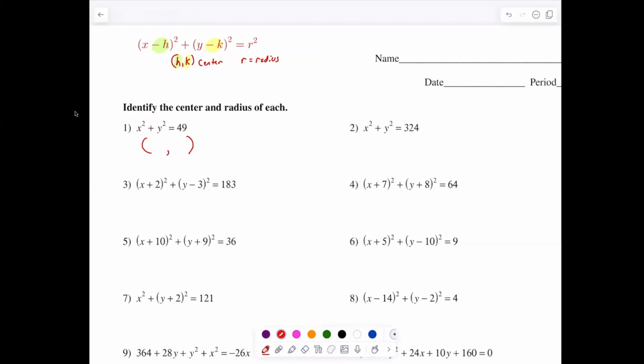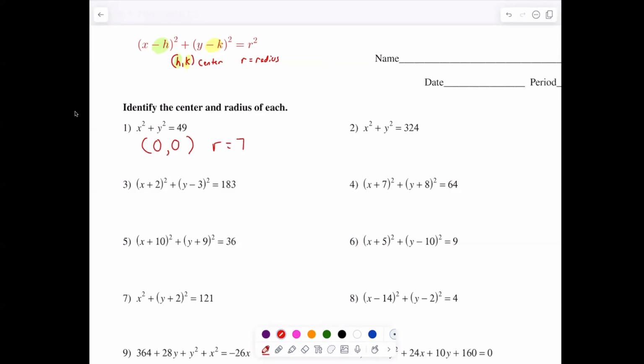And so the radius is what? 7. Very good. So the center would be located at 0, 0 with a radius of 7.